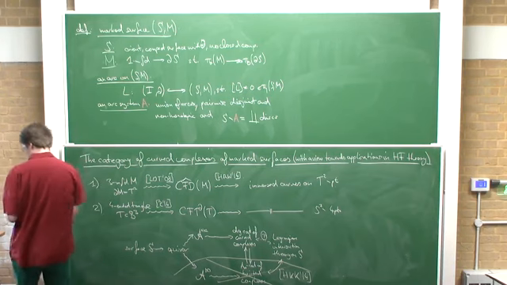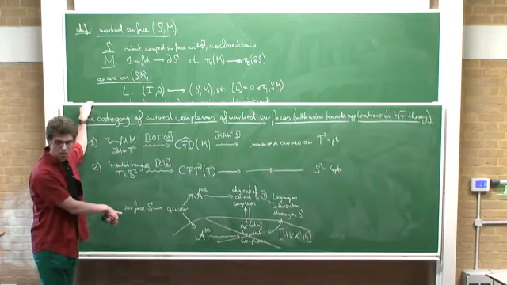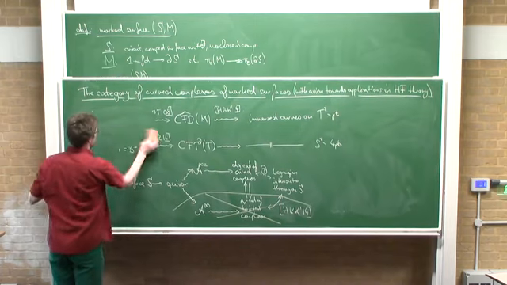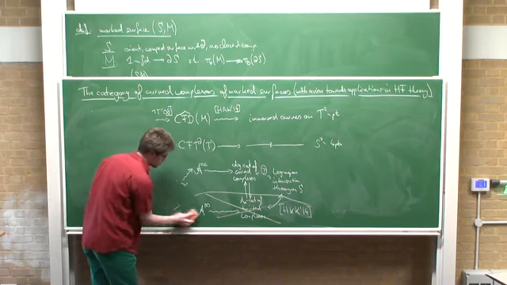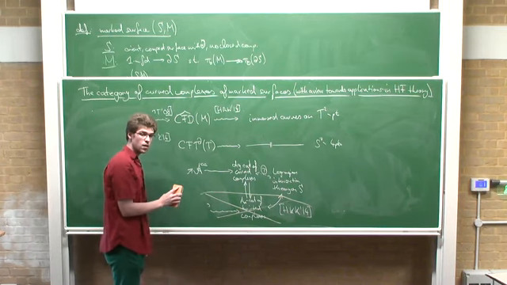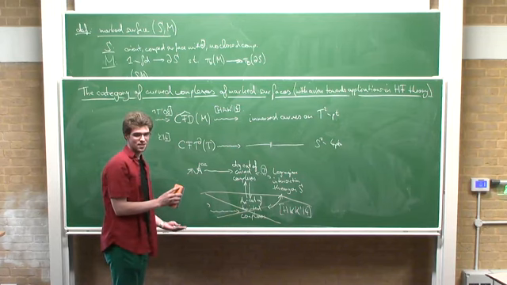Okay, now let's try to look at some examples. Can I erase this? You have a disk with whatever marking on the boundary. The empty set will be an arc system. Well, I mean, this is a degenerate case.